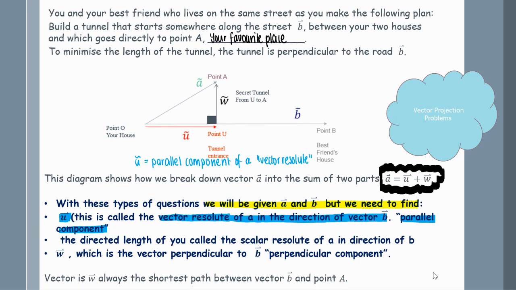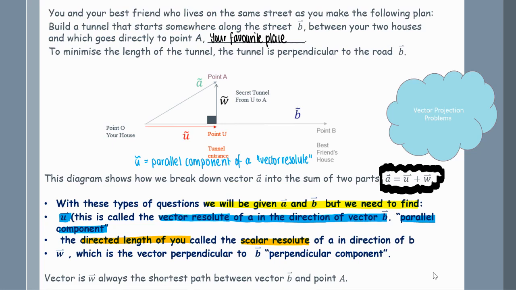You're also going to be asked, what is the directed length of U? So that requires two parts. One is, what is the magnitude of U? And we can find the magnitude of a vector quite easily. But also, is U along the same direction as B, or is it in the opposite direction of B?